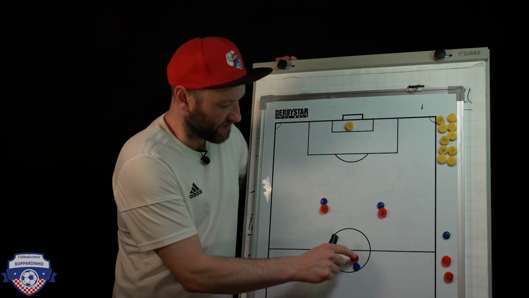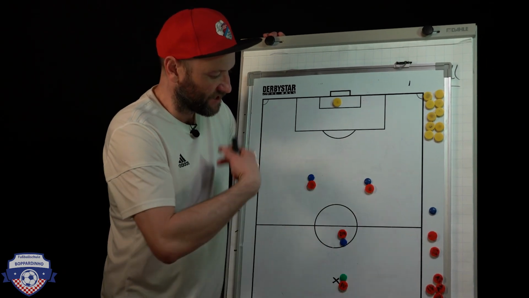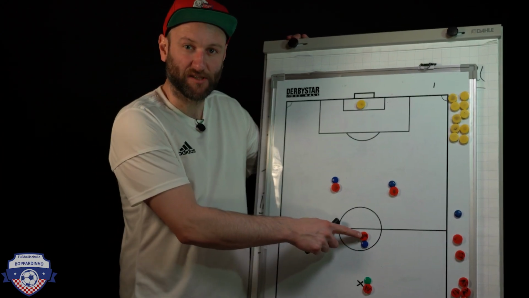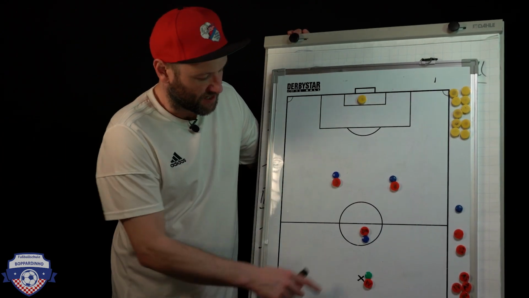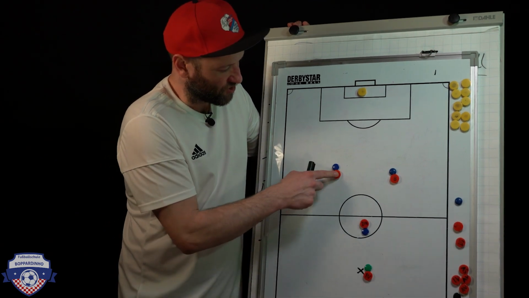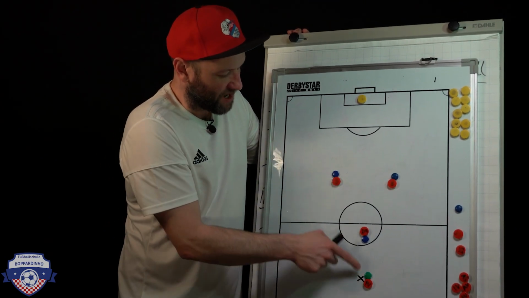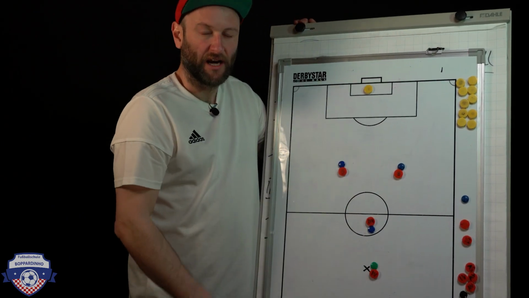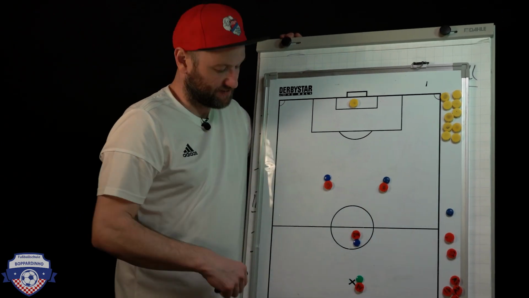The first way of passing is the one where our number 6 has space, where he can turn. I will show you shortly how the passing form works. It's a circle, and after this we go into the details.